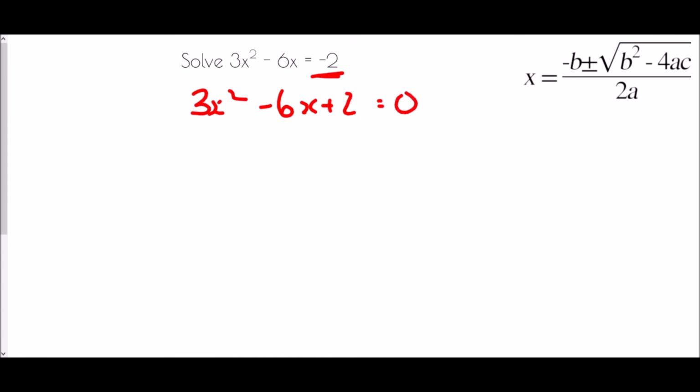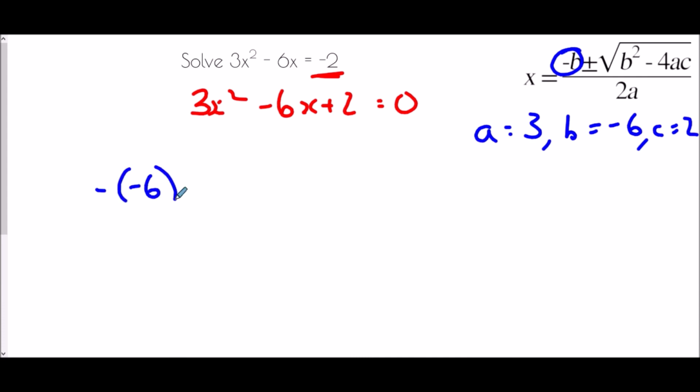And then all I want to do is, again, just write down what each of my letters are. So A would be 3. B is a negative value here. It's -6. And C, well, that is 2. And so now when I place this into the formula, this part becomes very important. It's negative B, and so that is -(-6).